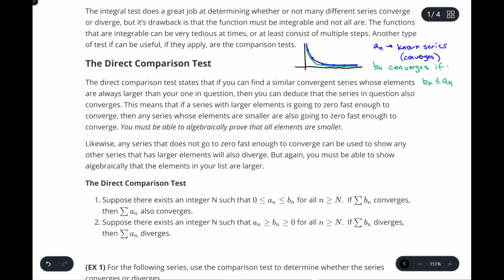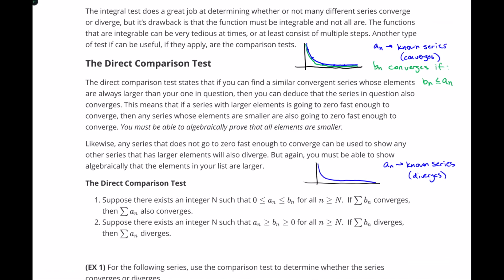And then the reverse of that, I'll draw out here as well. So let's say we have a sub n, which is a known series that diverges. All right, so it's going to 0, but it's not going to 0 fast enough to converge. So a sub n diverges. And again, we've created it from something simple like a P series or a geometric series.